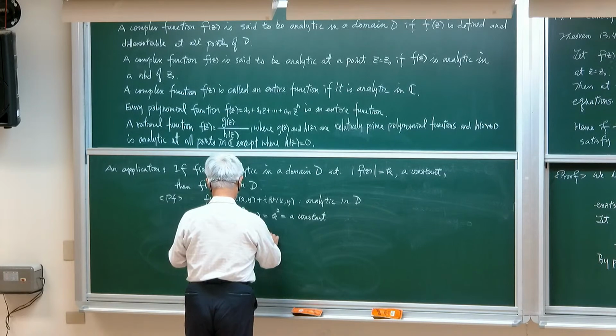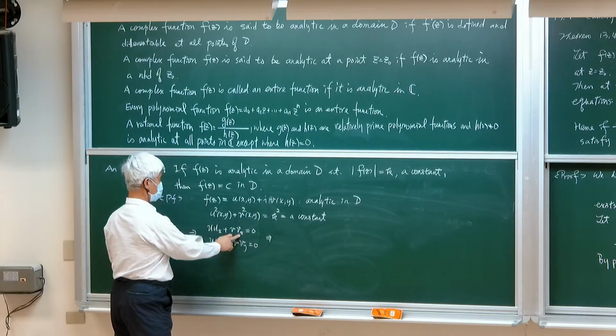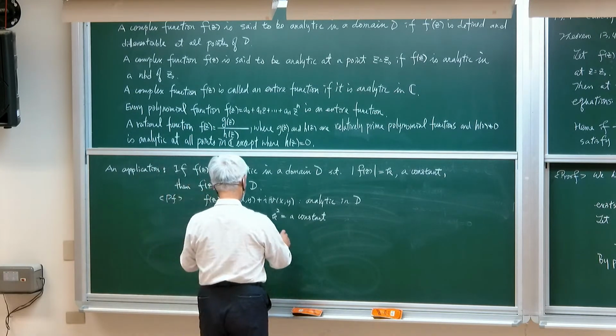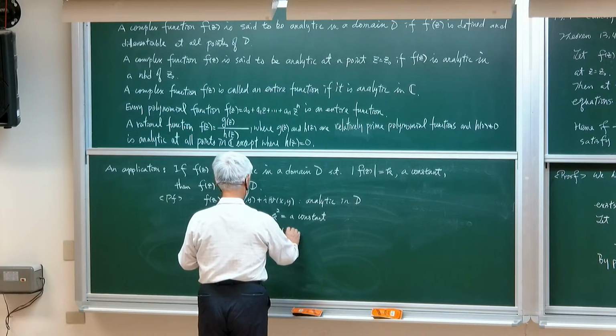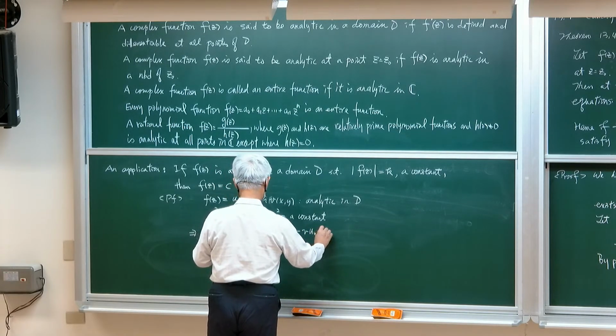Now we apply the Cauchy-Riemann equations. So we know v_x is actually equal to minus u_y. So this is u u_x minus v u_y equal to 0.